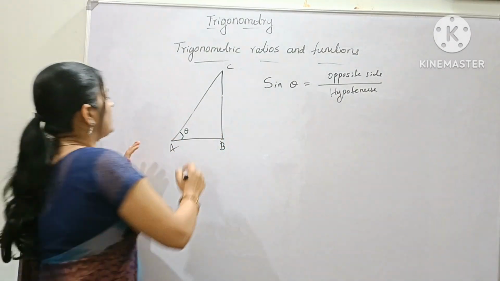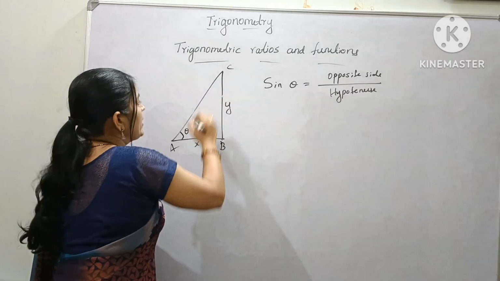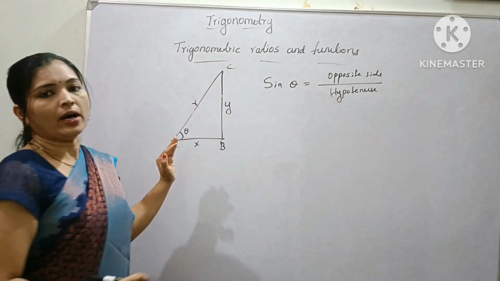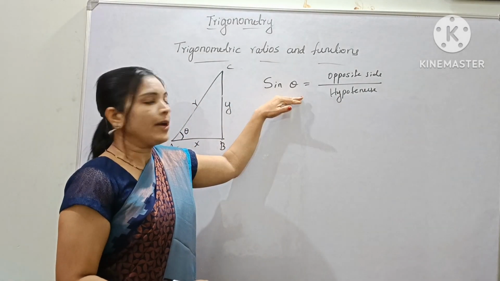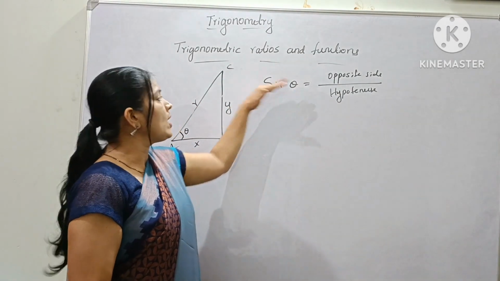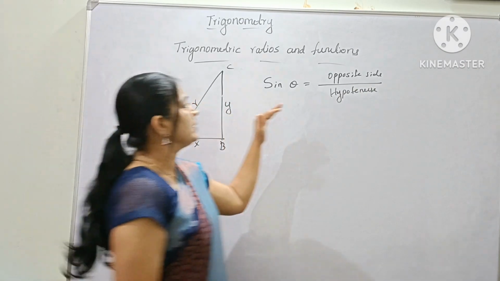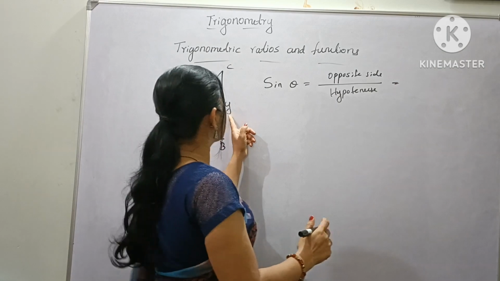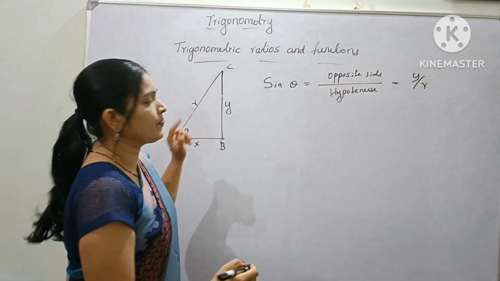Let this length be x, this length be y, and let the hypotenuse be r. Now what is sine theta? Sine theta is nothing but opposite side divided by hypotenuse, that is, y divided by r.